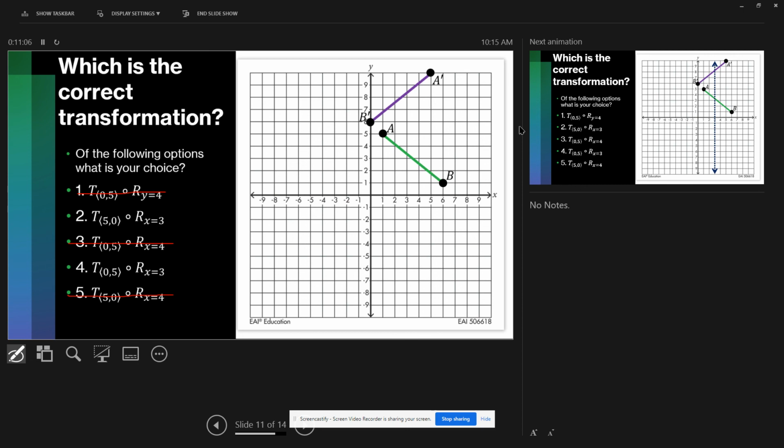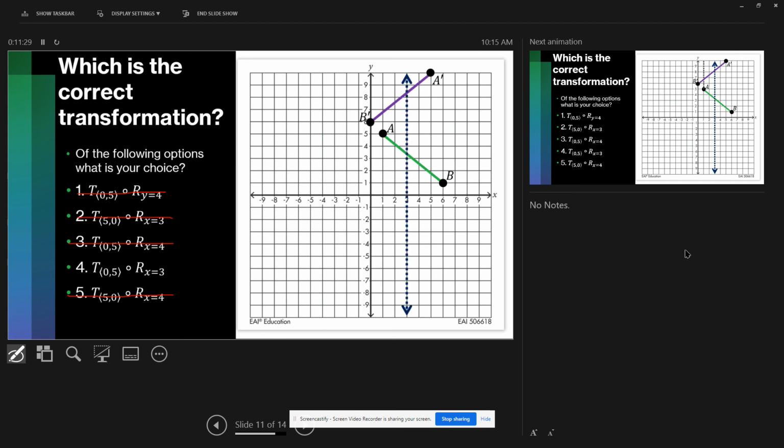So now we need to pay attention to how we're translating. Are we moving up, basically y up, or are we moving x up? Well, it looks like A is definitely moved up, so that would eliminate this one because this is saying x is moving up, so it has to be that one.